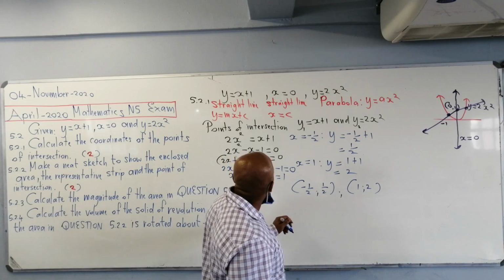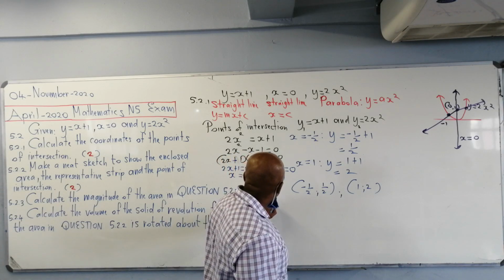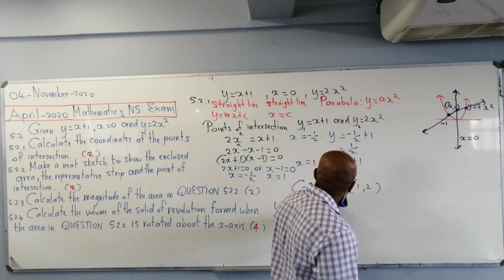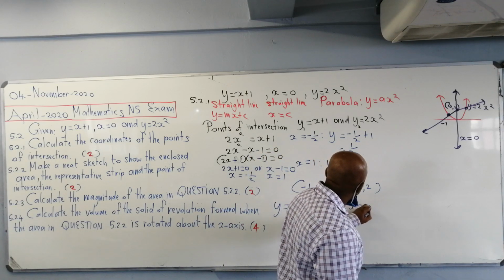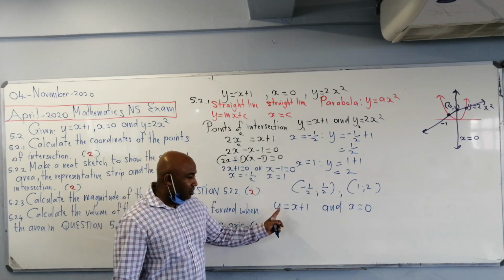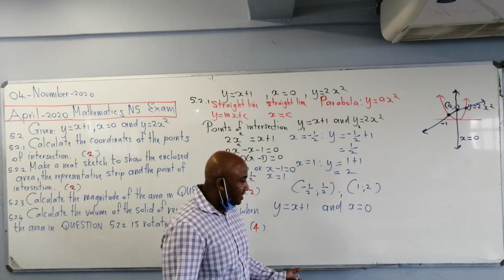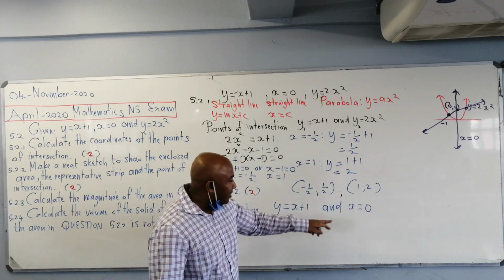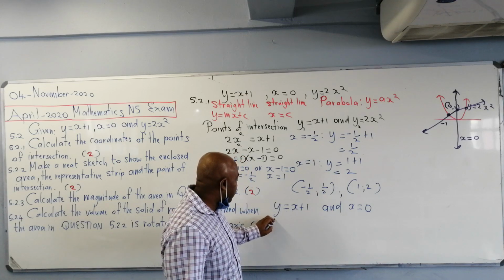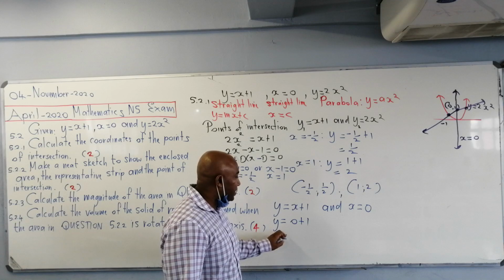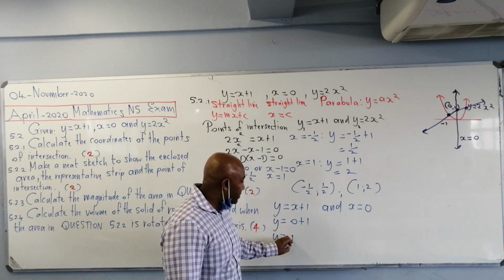Okay, so now let's deal with y is equal to x plus 1 and x is equal to 0. Well, this is a straightforward one. These two graphs, where do they intersect? There's equation 1, equation 2 if you want to call it. All you do is take x is equal to 0, substitute there. So when x is equal to 0, what is y equal to? Y is equal to 1.